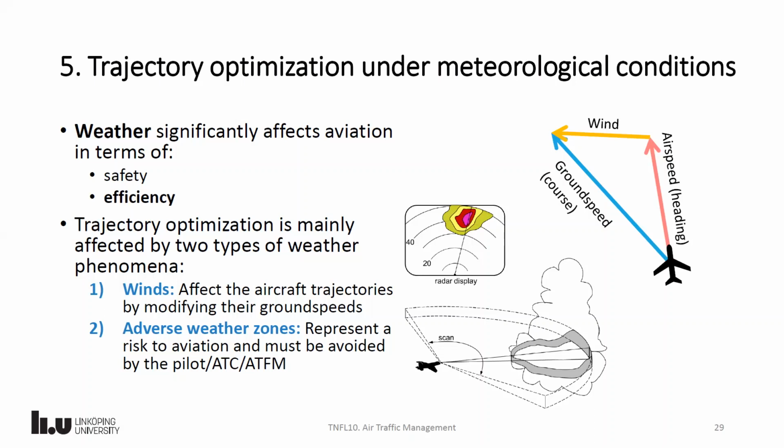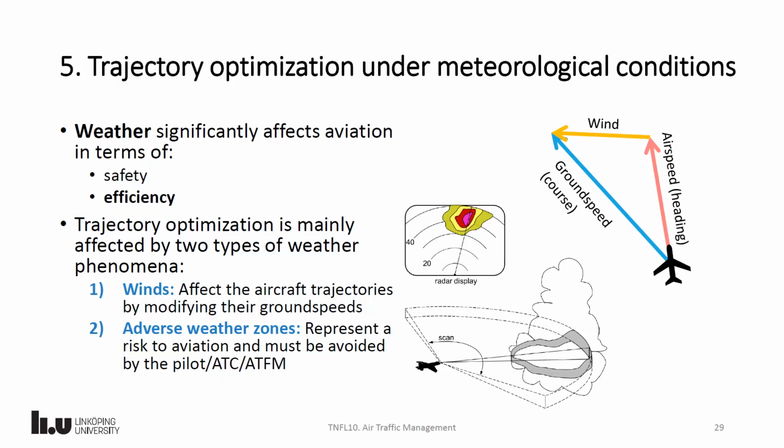But if there is something that is drifting them, like for example winds, or some water movements that are moving the boat without the crew seeing it, the boat could drift and eventually end up in some place that they don't intend to. So this is kind of similar to what happens to airplanes.